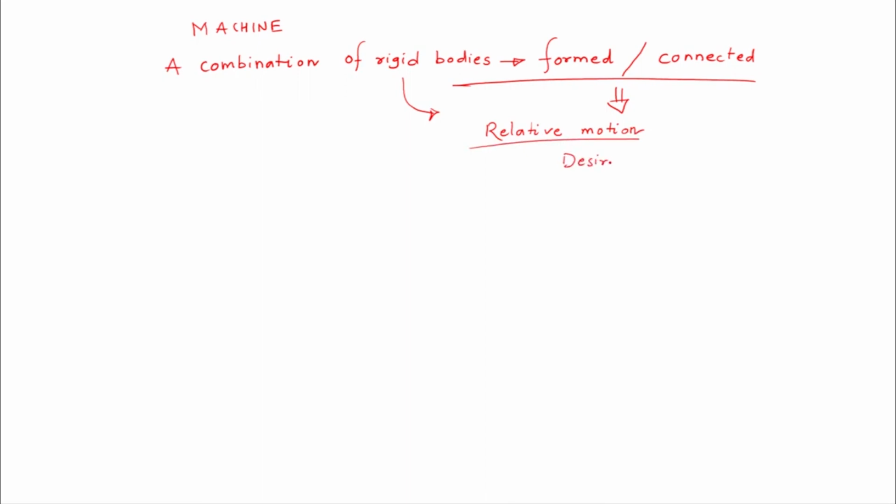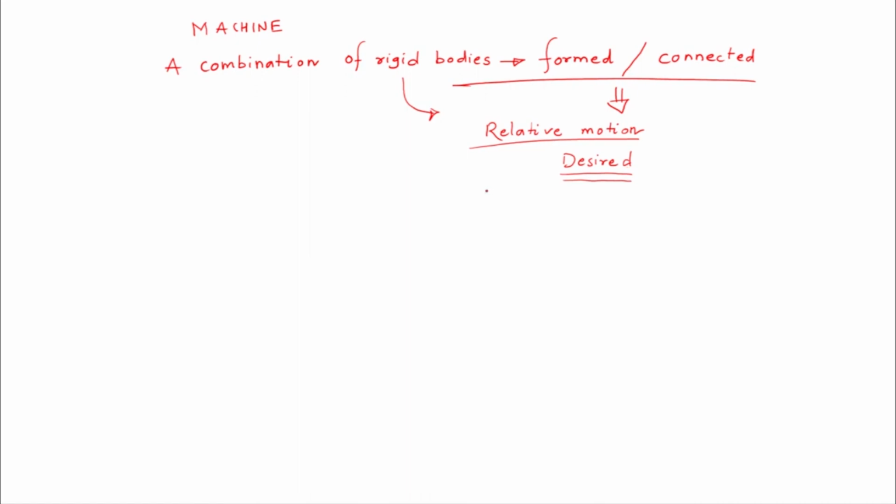Whatever the expectation is, we should get that. So in case of the IC engine, we are expecting the rotary motion of the crankshaft by converting the reciprocatory motion of the piston. So we need to have the relative motion as per our expectation, as per our desire.